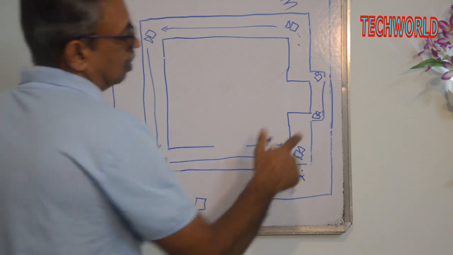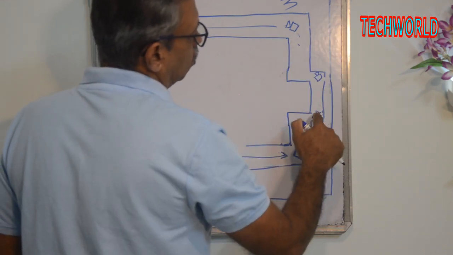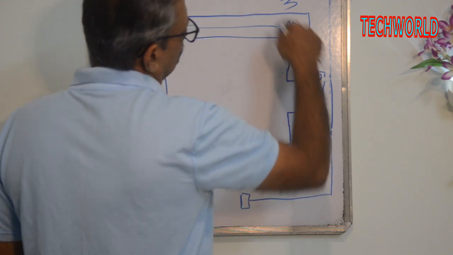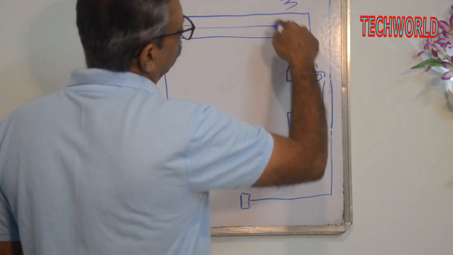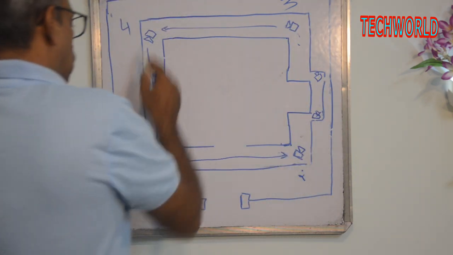Now this camera can cover the invisible area, that means it comes under the view of this camera, and in the same manner this camera has a view up to here. So now there is no invisible area around the building.